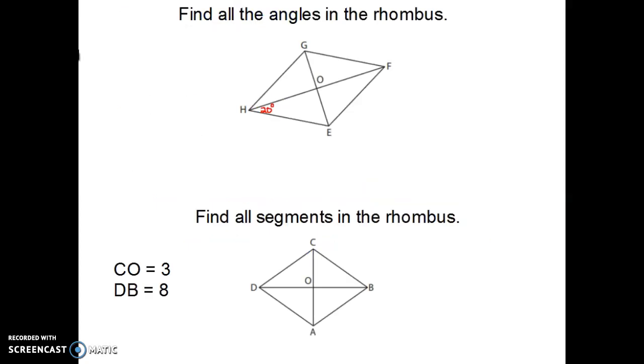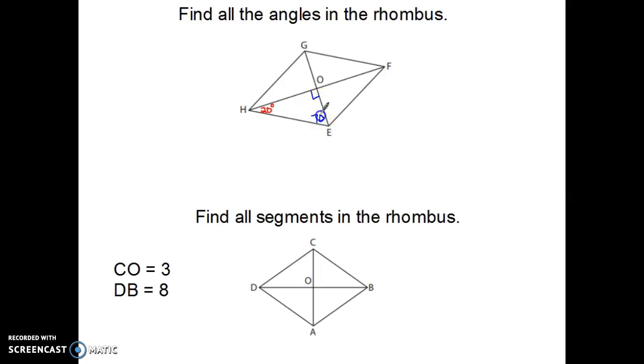My top example, it is a rhombus, and I gave one angle that's 20 degrees. One of my unique properties for a rhombus is that the diagonal lines are perpendicular to each other. That means I have four 90-degree angles right here within the center of that rhombus. Now I'm going to take a look at triangle HOE.